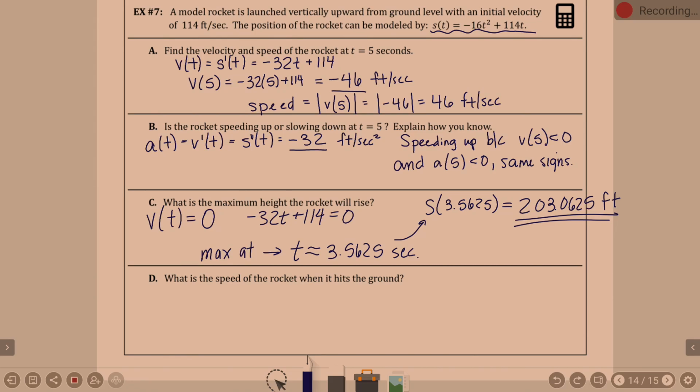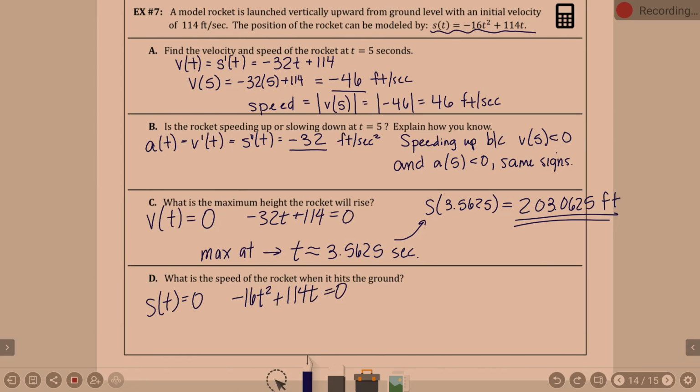Here's what I need you to think. It hits the ground, yes? What is your position when you hit the ground? Your height is 0. So we're looking for when the position is 0, which means we had a position equation: negative 16t squared plus 114t equals 0.